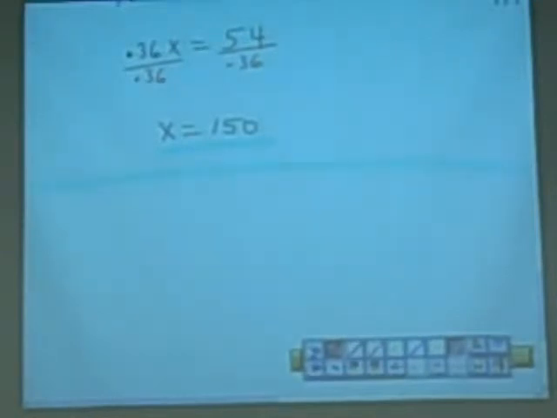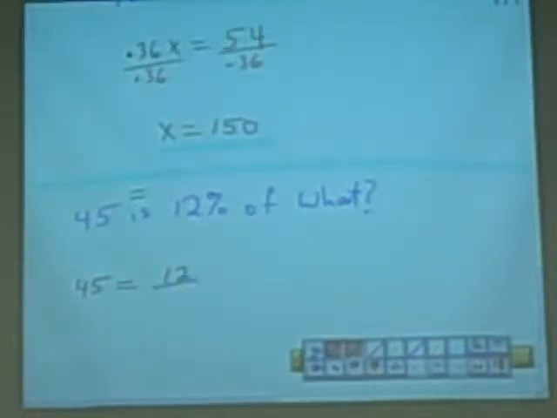Alright, this next one, we've got 45 is 12% of what? Well, we have is, right? Which means equals. So that means 45 is or equals to 12%, which is 12 over 100, of what? Well, we don't know what that is, so that's going to be our x.